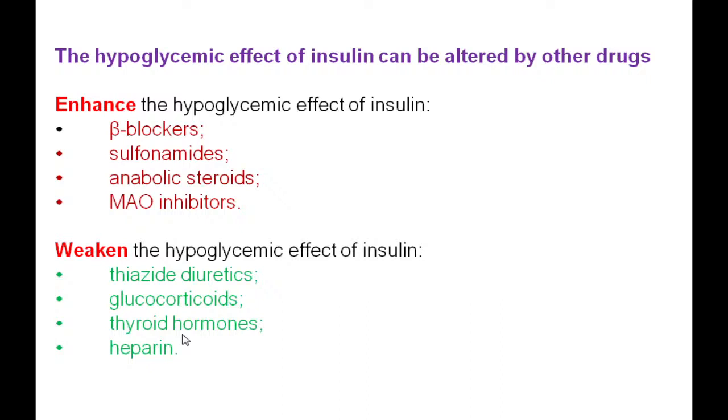But if we have used preparations of insulin with prolonged effect, in hypoglycemia, usage of glucose is unhelpful, because we introduce glucose, but insulin promotes transportation of this glucose to the cells.